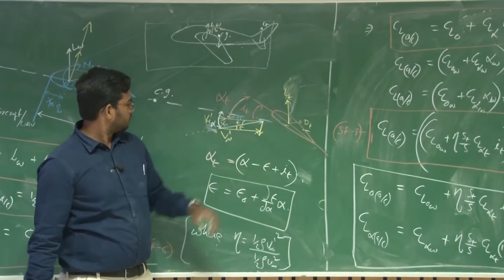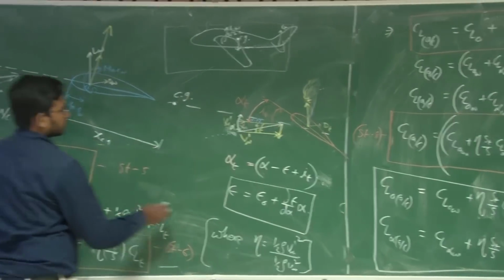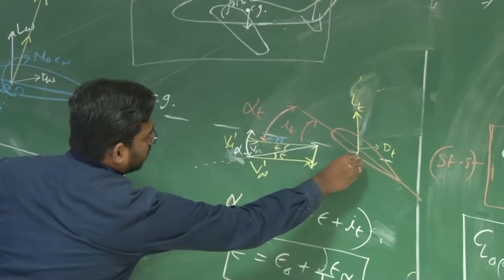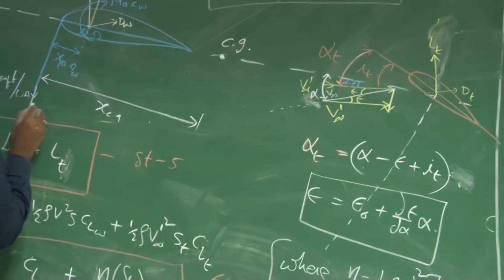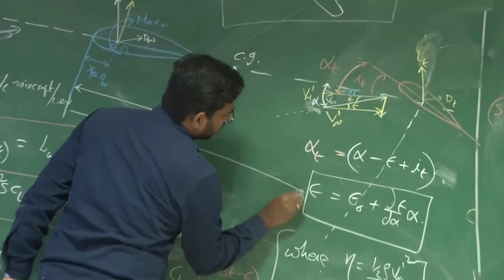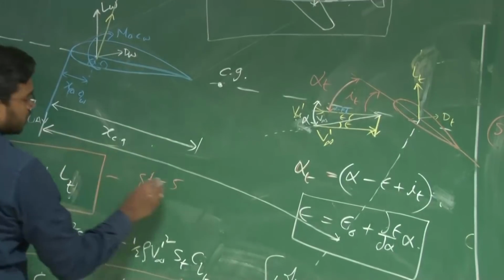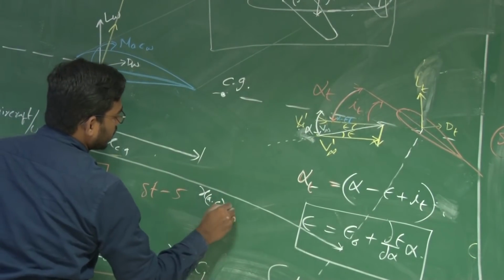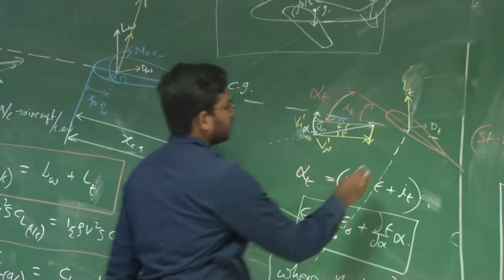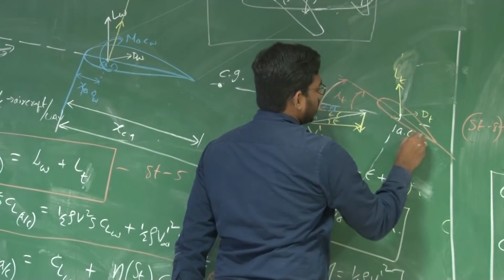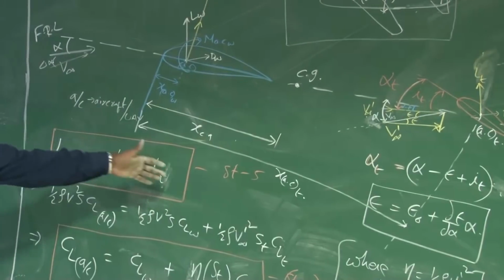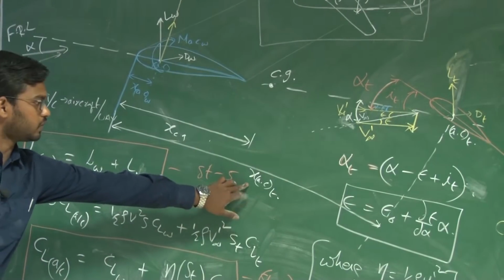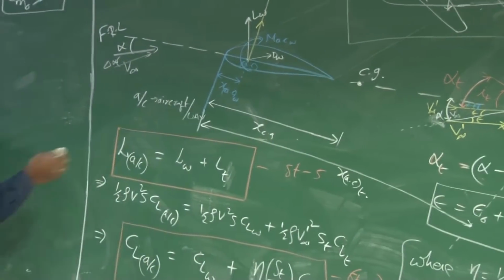And this particular aerodynamic center distance, measured parallel to the fuselage reference line, is x AC of tail. So this is your aerodynamic center of tail. I forgot to mention it. Please make a note of it.